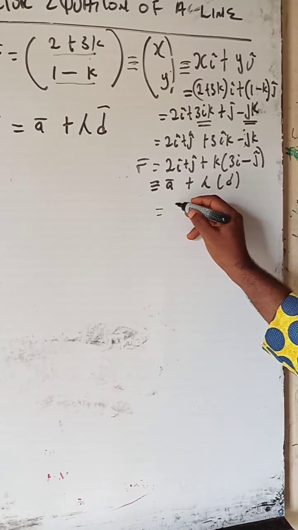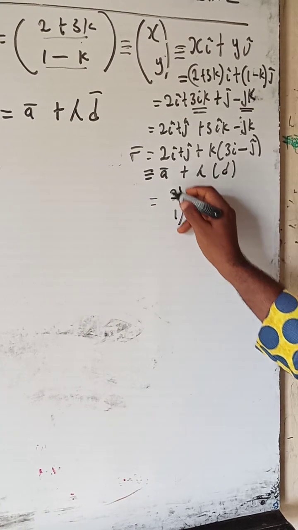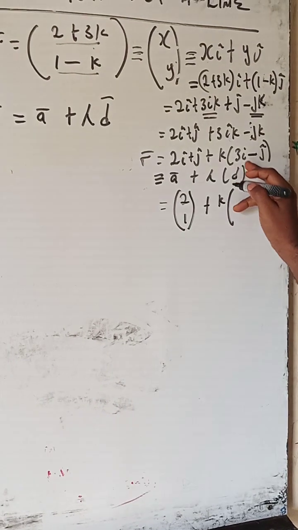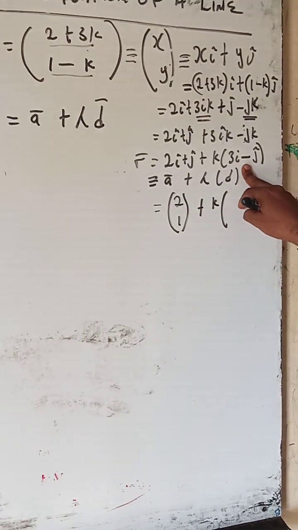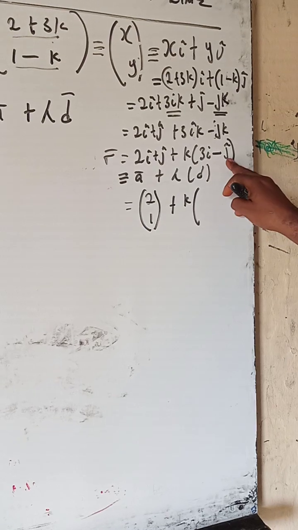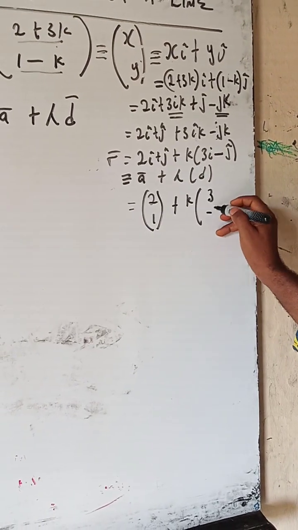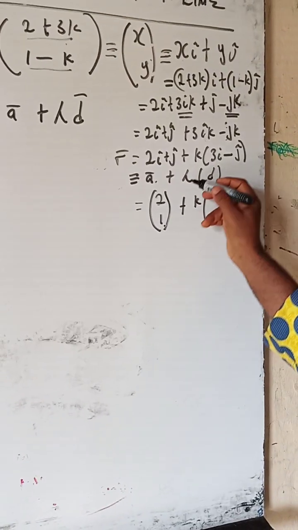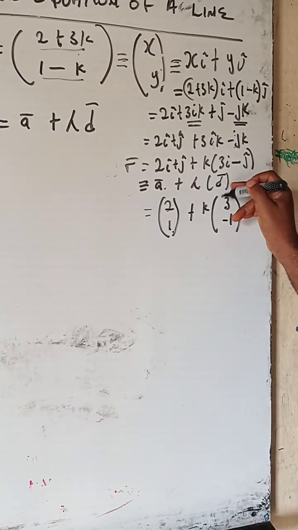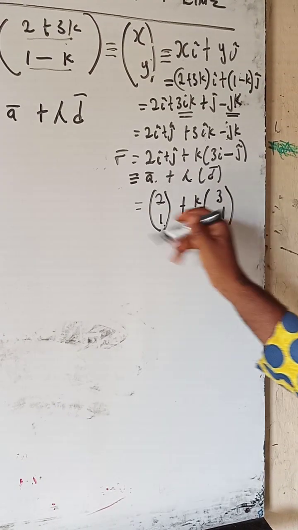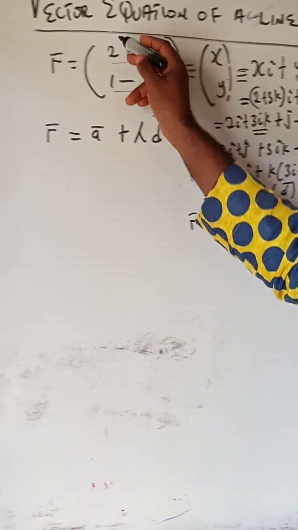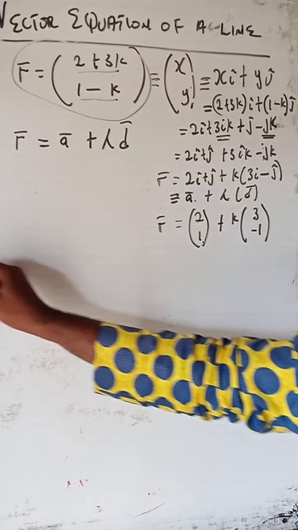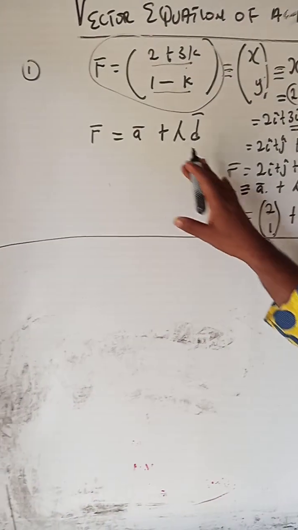So this one can be written as 2, 1, then plus k brackets. This one that we have here, 3i minus j, can be written as 3, minus 1. So if you compare this one now, our a is 2, 1, lambda is this k, and this particular vector d is 3, minus 1. Therefore, the expression here is actually the vector equation of a straight line.